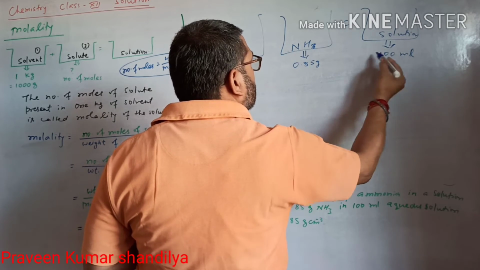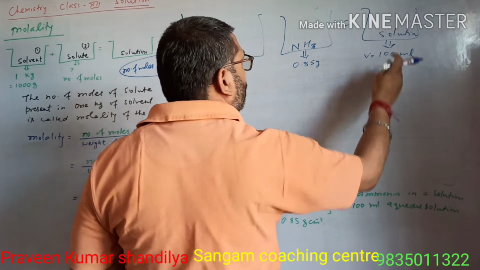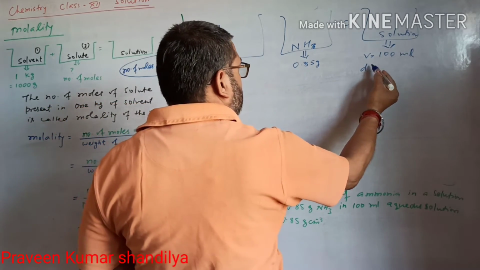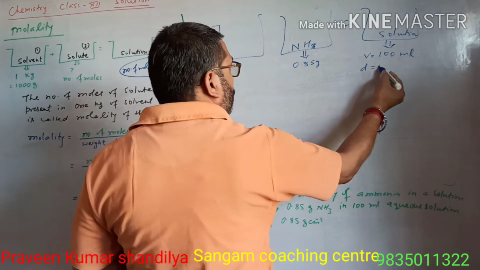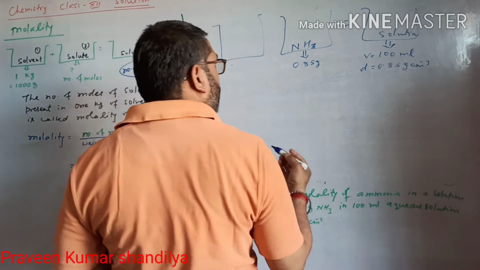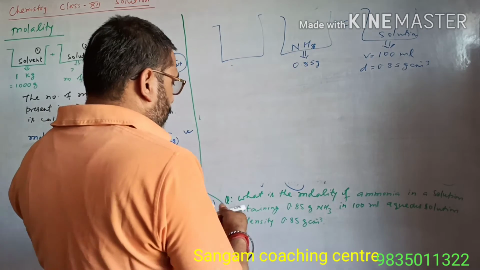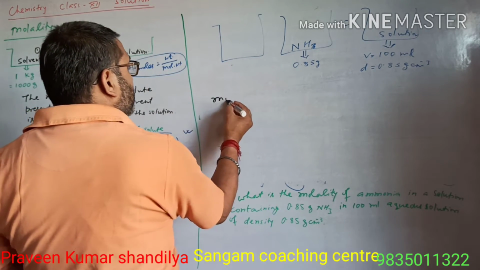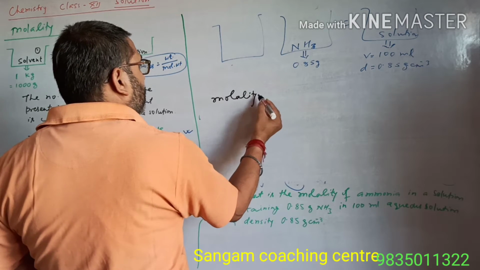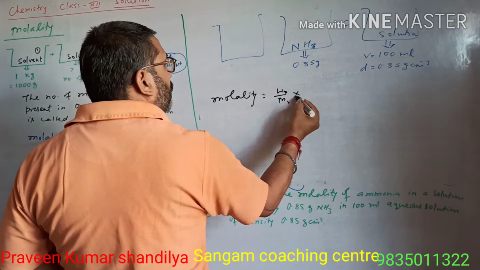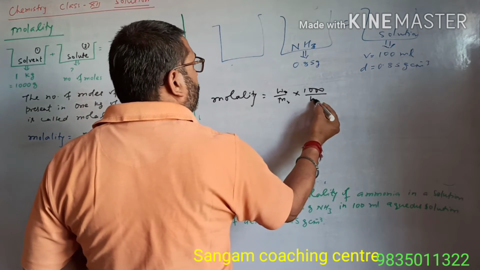That means volume of solution is given, and also density is given. How much density? 0.85 gram per centimeter cube. How can we calculate molality? Which formula can be applied? W2 by M2 into 1000 by W1.